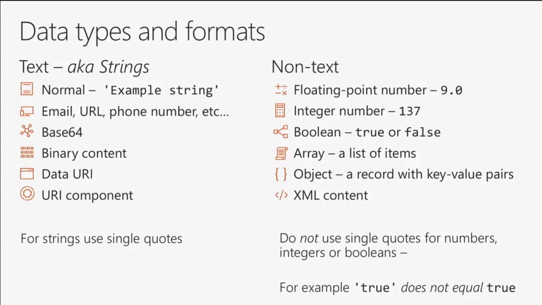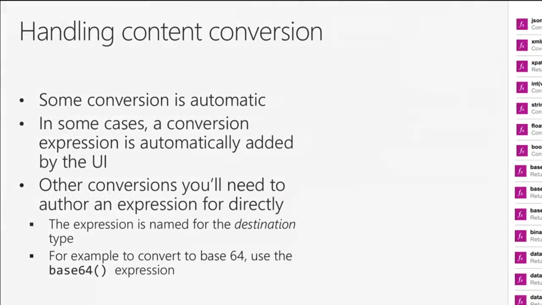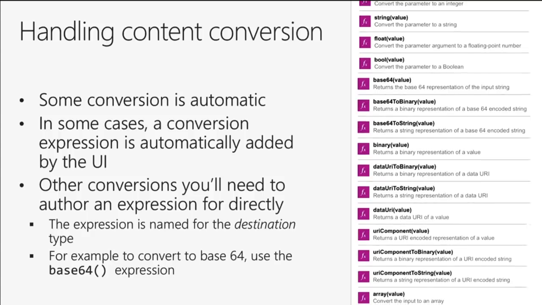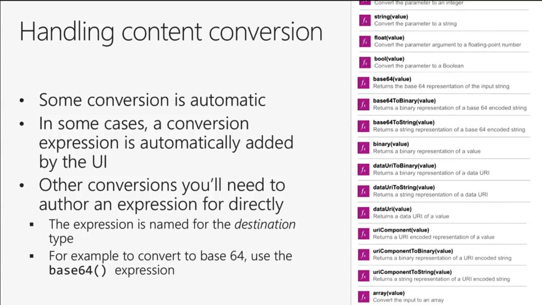So just like you may be familiar with in Excel or other programming languages, you do have to be cognizant of whether you're working with a string or a Boolean or an integer. And of course, we'll see some examples of that. We have a bunch of expressions that can be used for converting between different types. And like I said, please don't try to memorize this list. But conversion is often automatic.